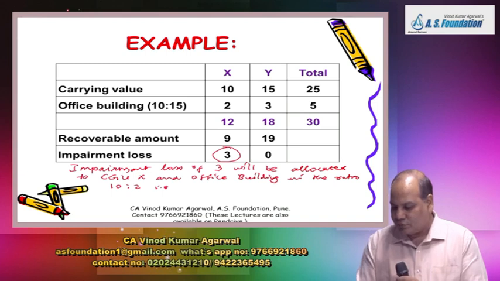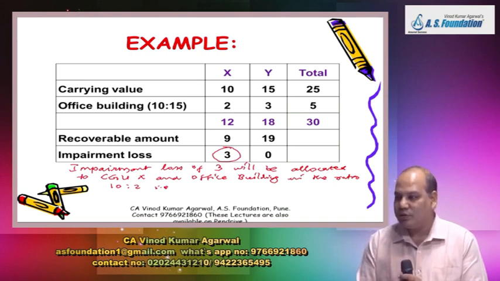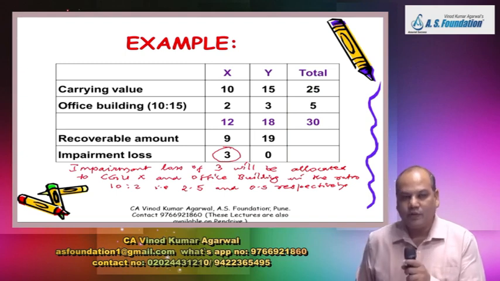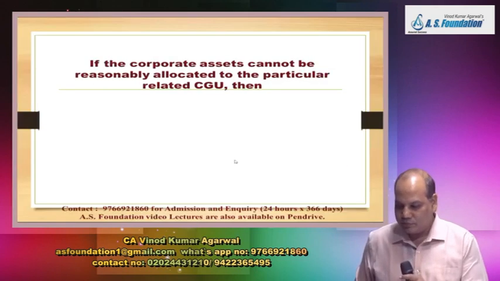That is, now calculate 10 by 12 into 3. How much is 10 by 12 into 3? 2.5 and 0.5 respectively. So impairment loss will be allocated 2.5 and 0.5 respectively.